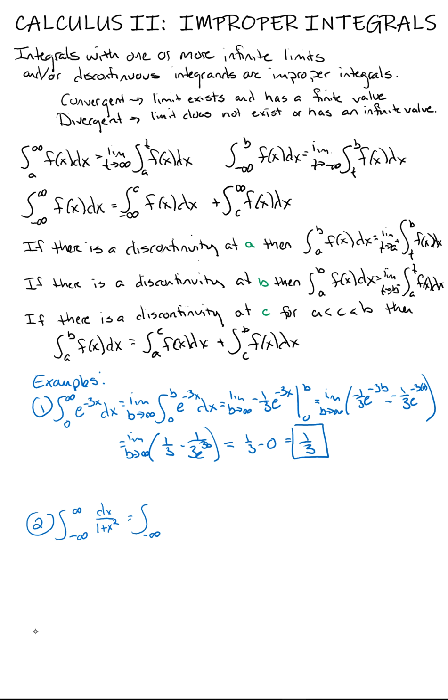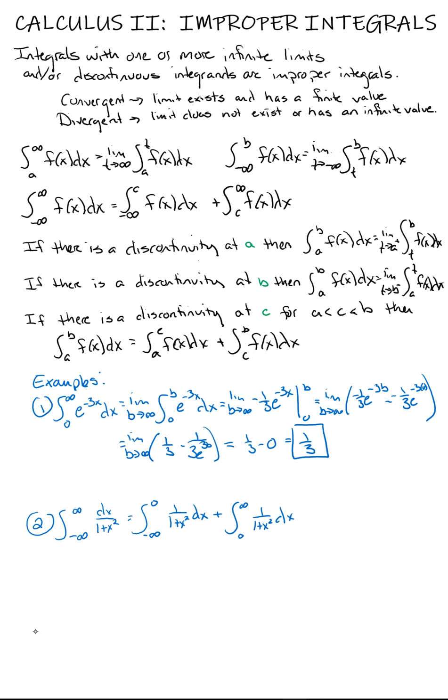I'll pick 0. And I also want to go ahead and write that dx off to the side. It's not required, but I know a lot of people prefer that. And then I'm going to add to that the integral going from 0 to positive infinity. So just split it up into two separate integrals.